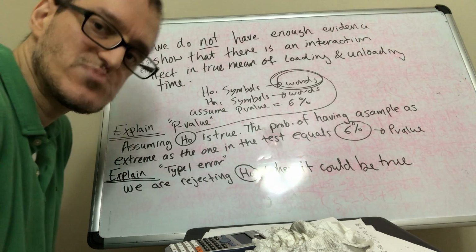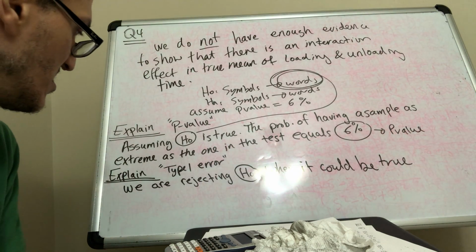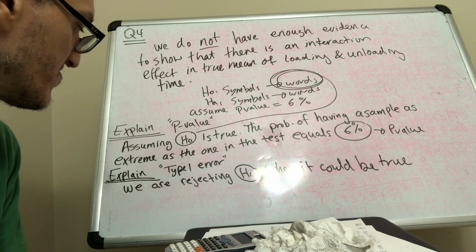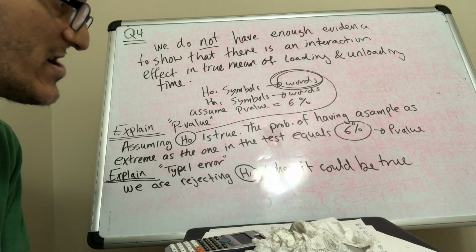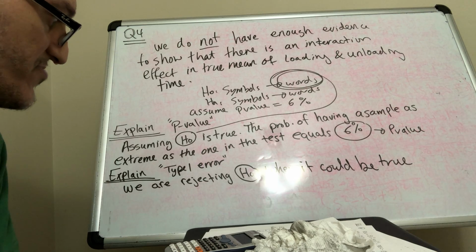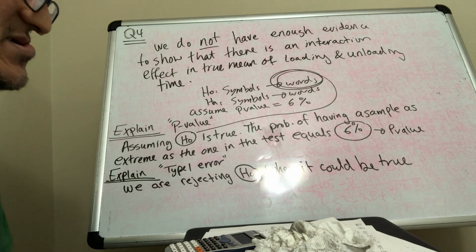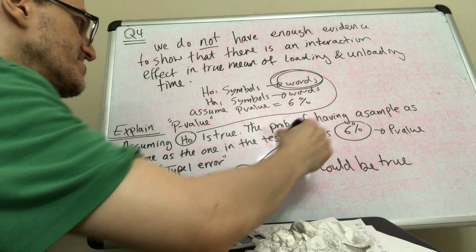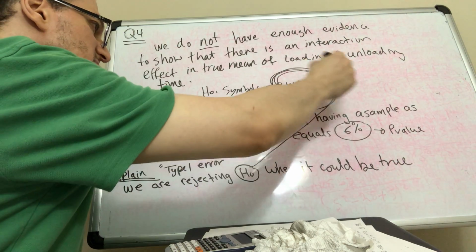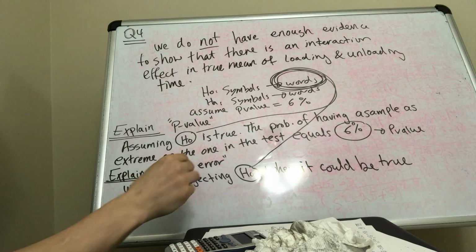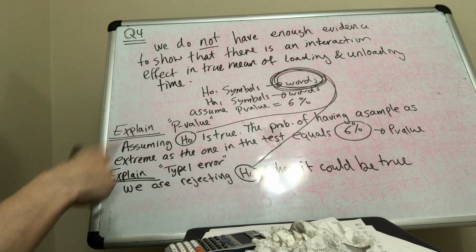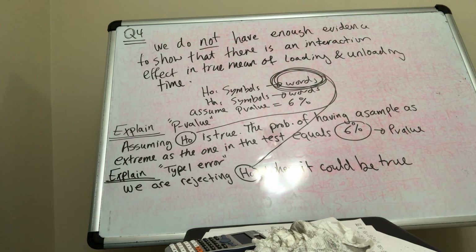This is how we explain type 1 error. We are rejecting H0 when in fact it could be true. But instead of H0, again, you have to say what H0 is in words. And remember, risk of type 1 is alpha, whatever is given in the question, and if it's not given, 5%.